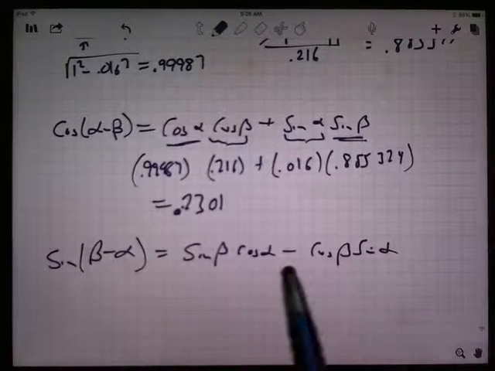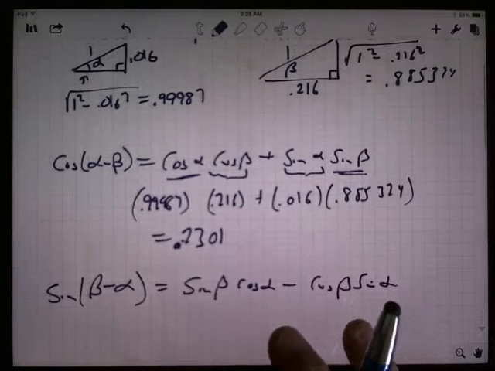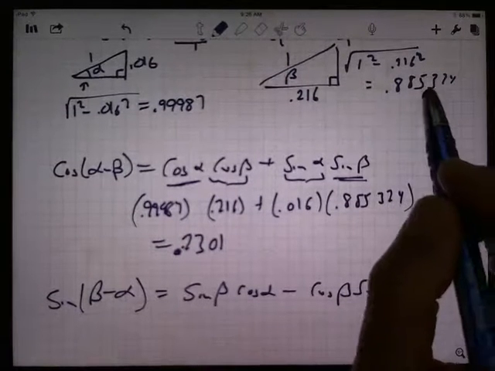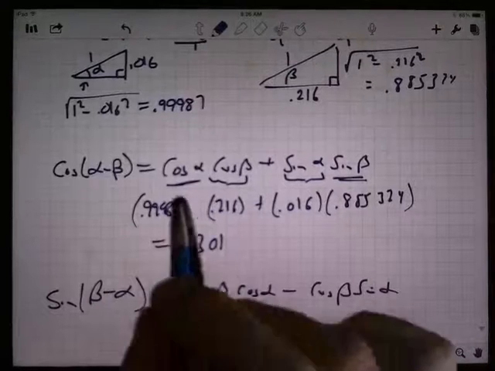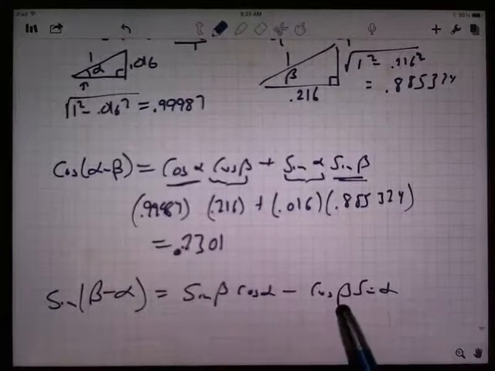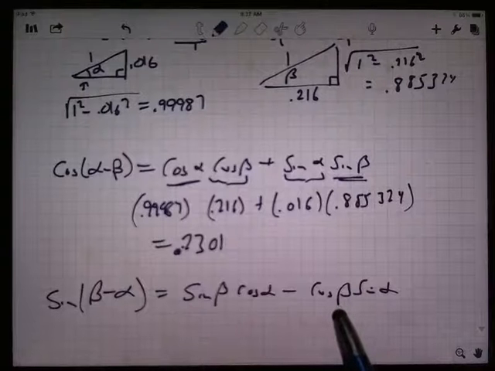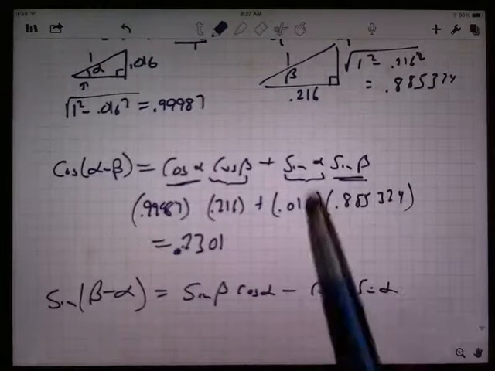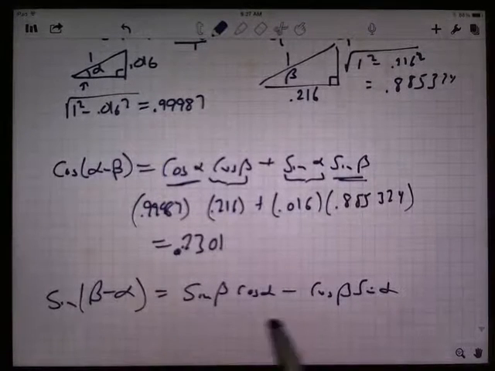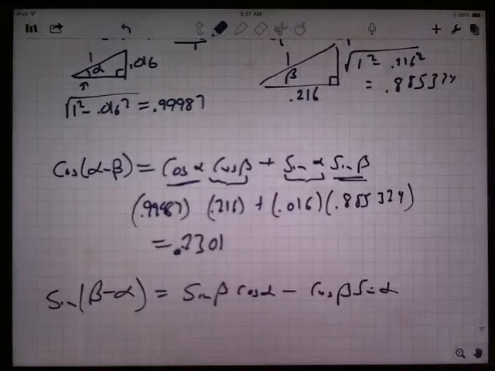We have all these things now: the sine of beta is 0.885, the cosine of alpha is 0.9998, the cosine of beta is 0.216, and the sine of alpha is 0.016. You can calculate them just like this.